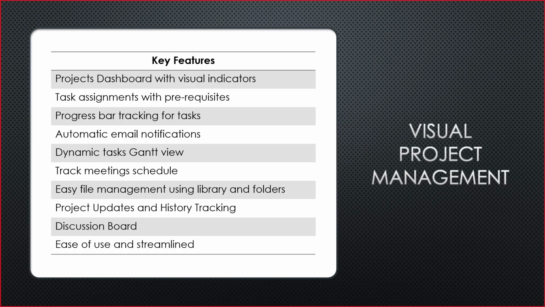So let's focus on visual project management and talk about what that means and our goals before we jump to the main content. Visual project management is about making it very easy to understand key concepts, such as timelines.